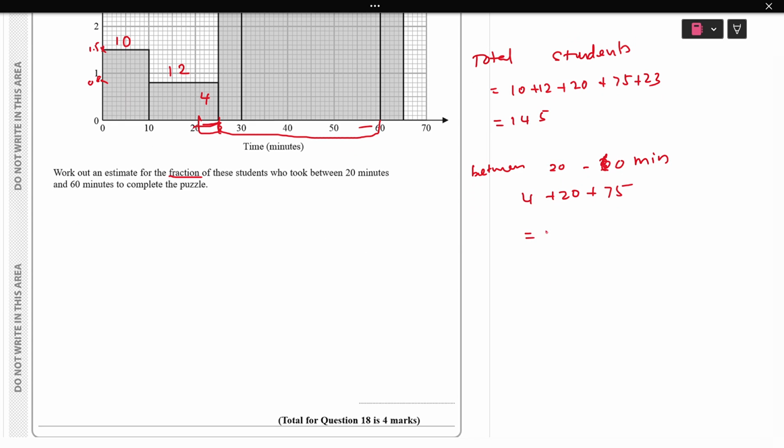So the required fraction is 99 out of the total number of students, 145. The fraction is 99 out of 145. 99 out of 145 is the answer.